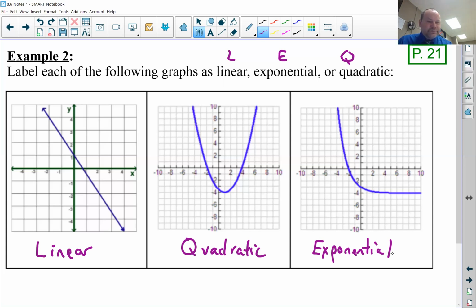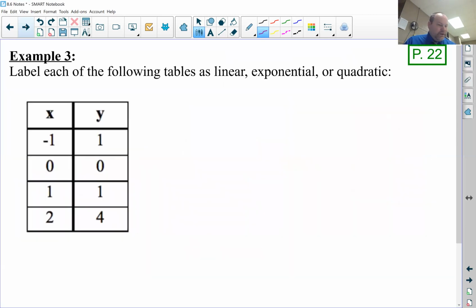All right. Now we're going to look at a table of values. And again, I would look at those first, second, and third differences or other things in the table.